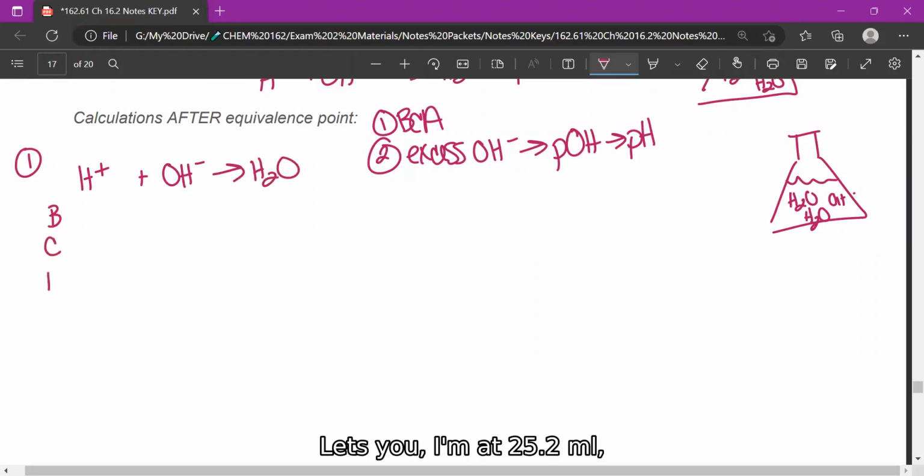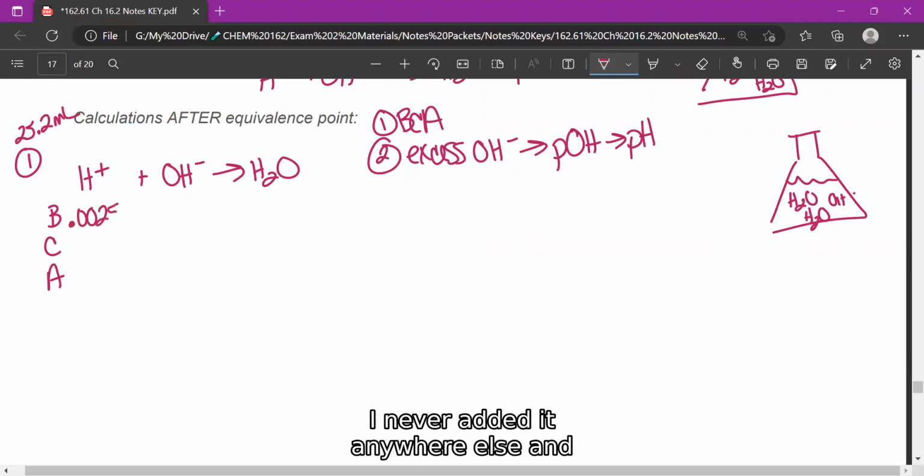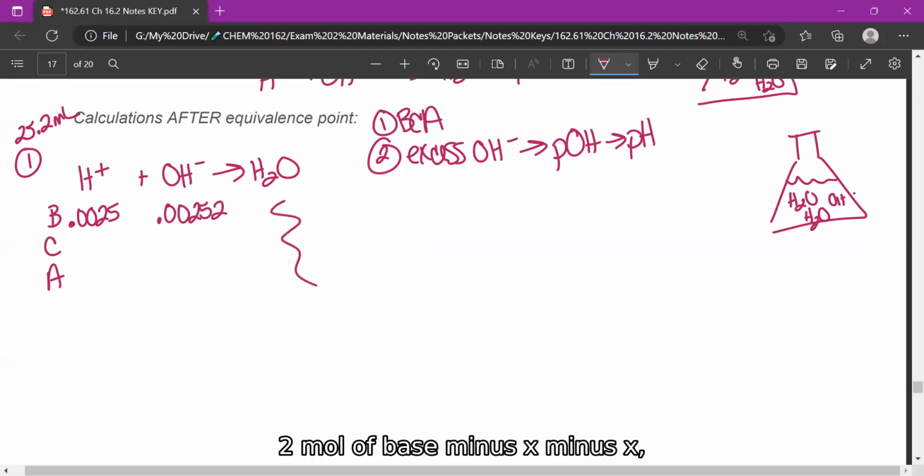B, C, A. Let's do it at 25.2 milliliters. So this is at 25.2 milliliters. That's the calculation that I'm going to do. So that means my acid is always the same, right? I never added in any more acid. I'm just constantly adding more base. So I started with 0.0025 moles of acid. But now after 25.2 milliliters, that is 0.00252 moles of base.